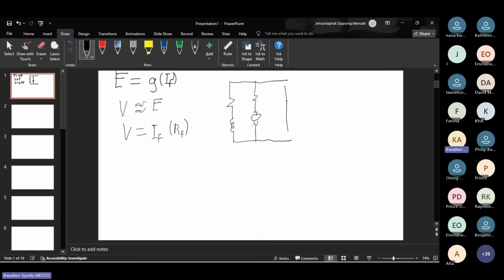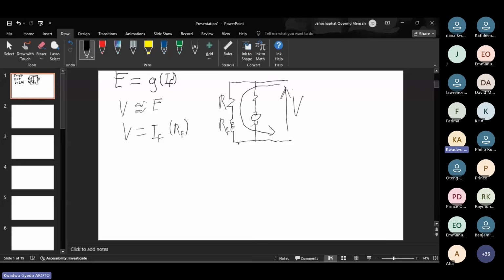Terminal voltage, V here, by KVL is simply going to be taking this loop, right? If we take that loop, the armature branch goes away, and all we have is our series field resistance and then the resistance from the field. So we have V is equal to IF RF on no load, right?